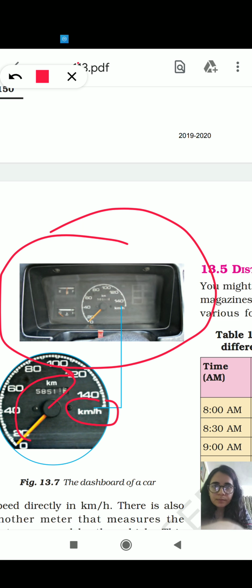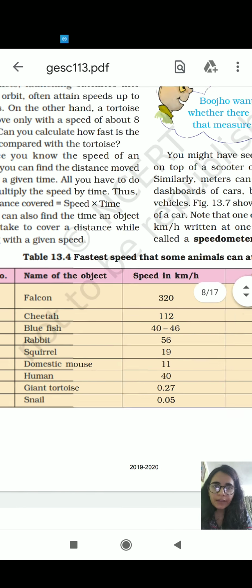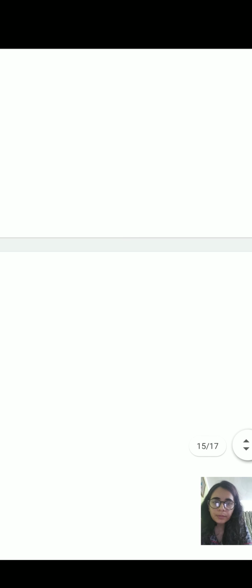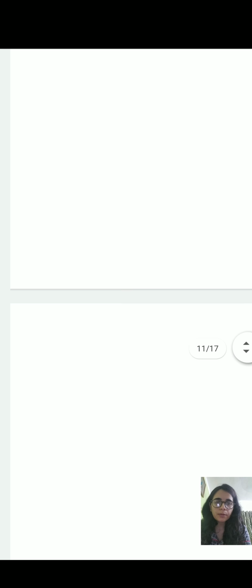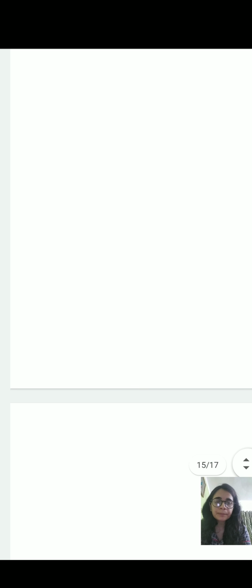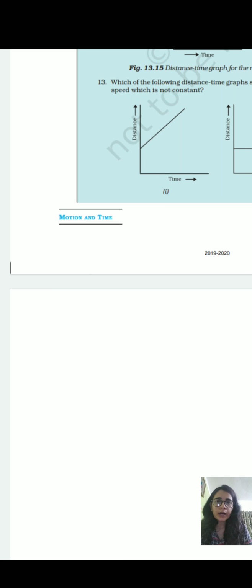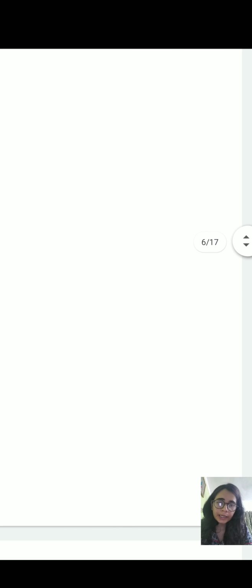Okay, so this table I will explain in the next lecture. Till then, please go through the chapter, and you have to make a water clock by yourself. Please read the chapter till speedometer, and go through the chapter again and again.